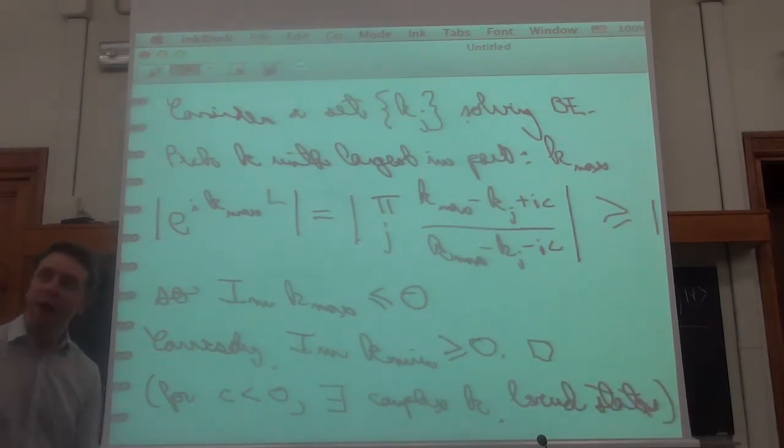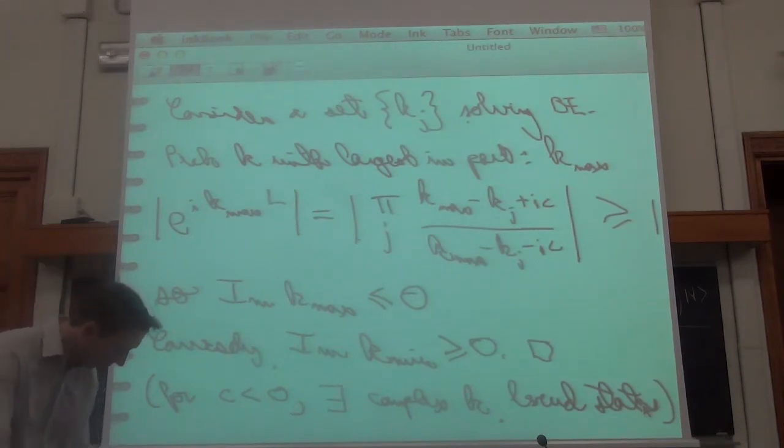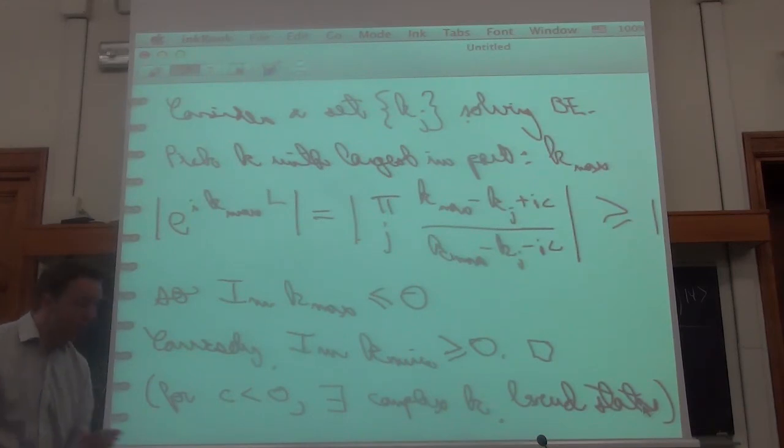Okay, so why are they bound states? Well, because if you go back to the beta ansatz form, if you have a k that has an imaginary part, then e to the i k x will, once you've normalized the wave function, have a decaying exponential in the relative coordinates between two different particles. So this is a bound state between these two particles. All bound states in beta ansatz are essentially like linearly bound with the exponential. So it's just like a usual mass term. Okay, so that's a thing.